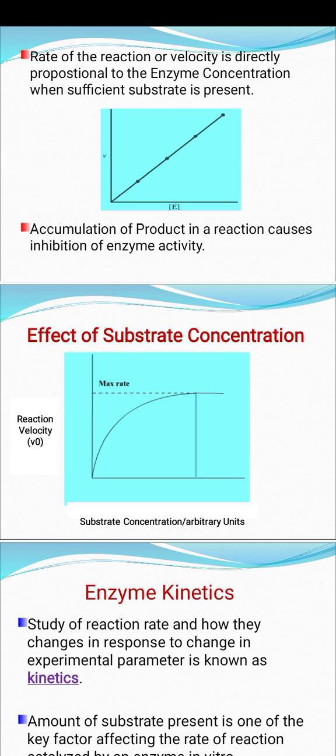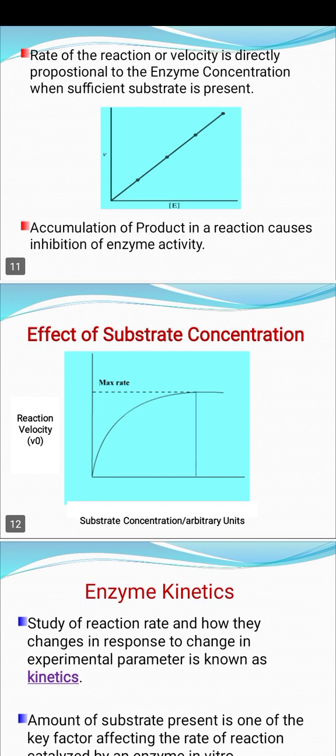The rate increases rapidly with the initial increase in the substrate. You see this curve? Further increase in the substrate concentration has no effect on the rate. The rate becomes independent of the substrate concentration. This is the maximum rate, the Vmax. Velocity is maximum at that dotted line. Right?